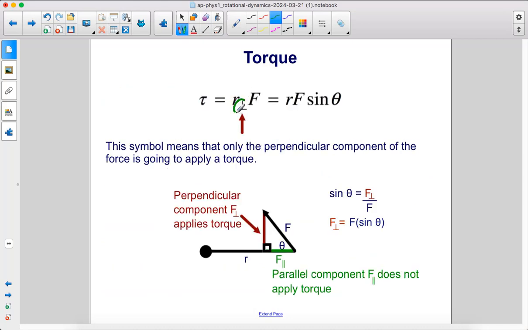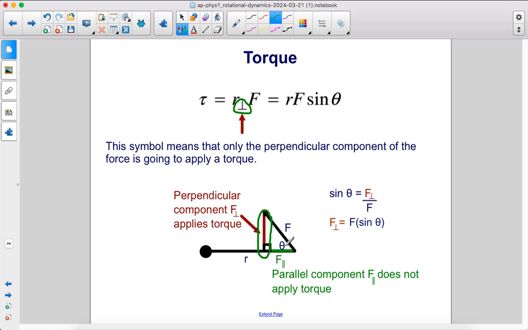This symbol, which you will see on the AP equation sheet, means that only the perpendicular component of the force is going to apply a torque. So here, if we have a door with a hinge and we apply a force here at an angle, only this component, the perpendicular component, is going to apply a force. So what is this component?